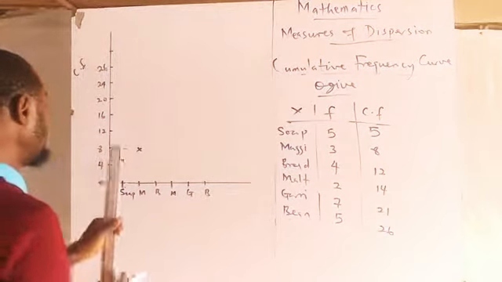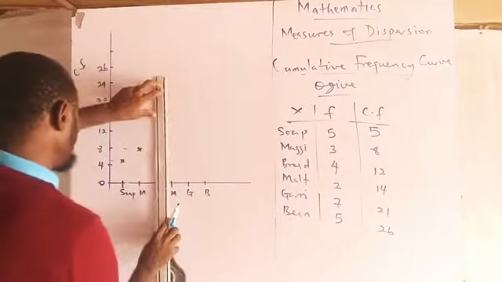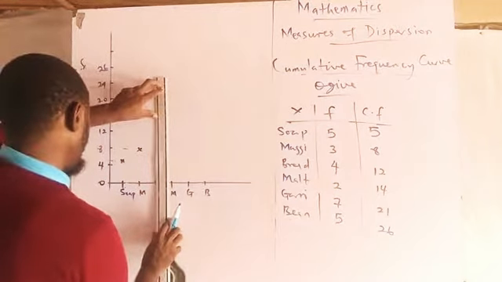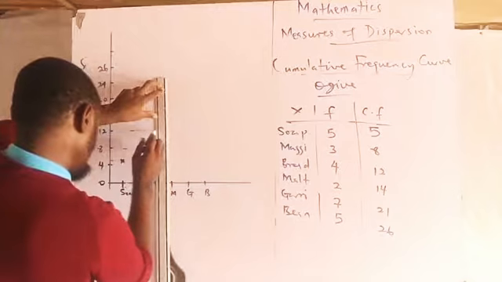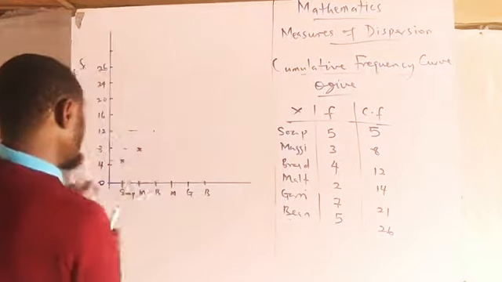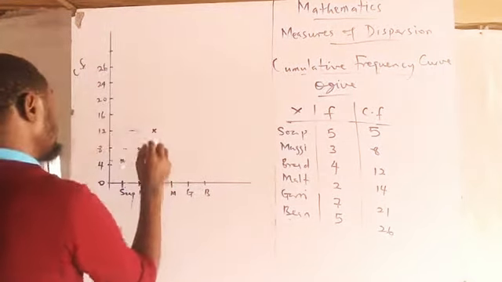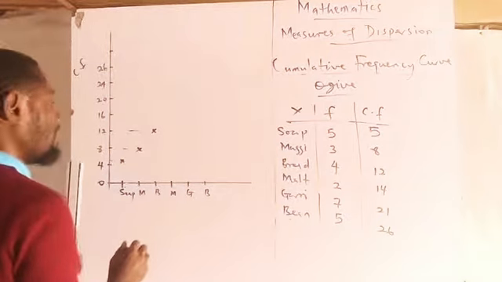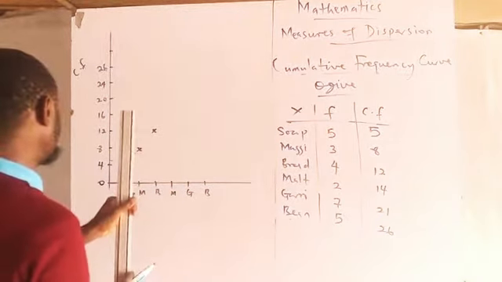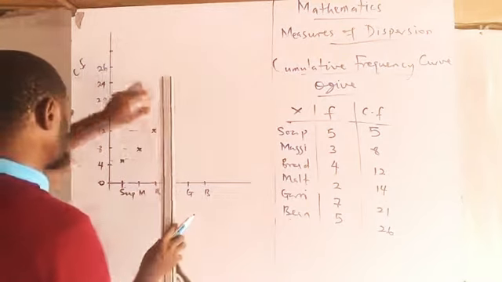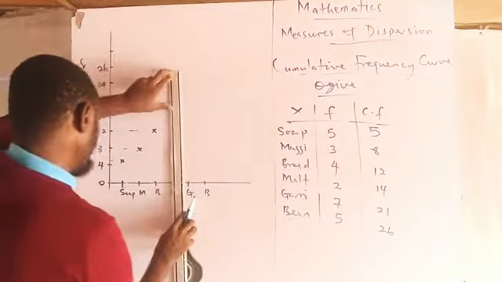12 is bread. Bread is 12. I have this. Malt is 14. 14 should be in between 12 and 16.